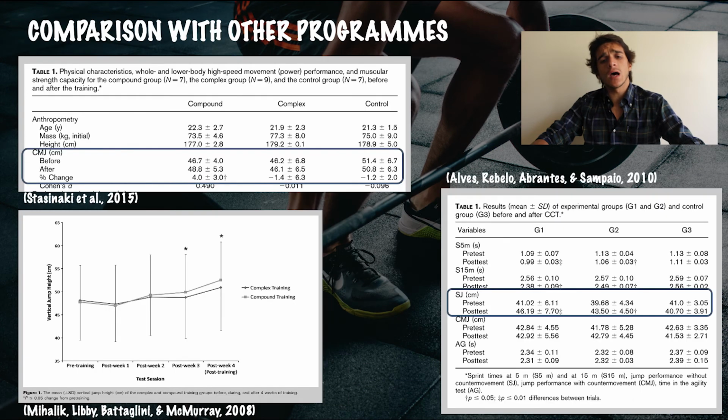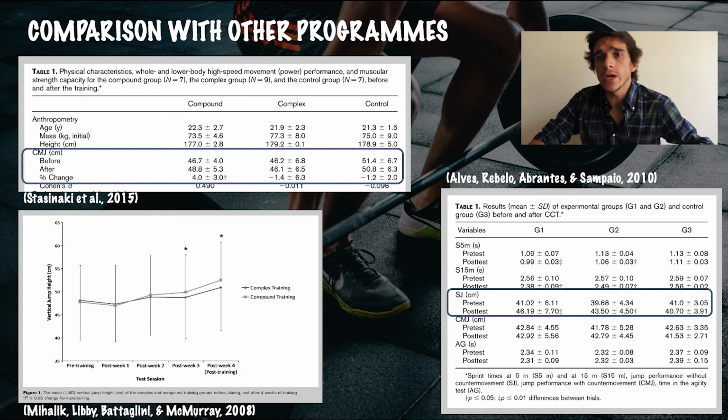So this brings us up to the comparison with other training programs. Similar studies regarding vertical jump performance after different 6 to 8 week programs, including contrast, complex, and plyometric based protocols, found a comparable increase in performance.